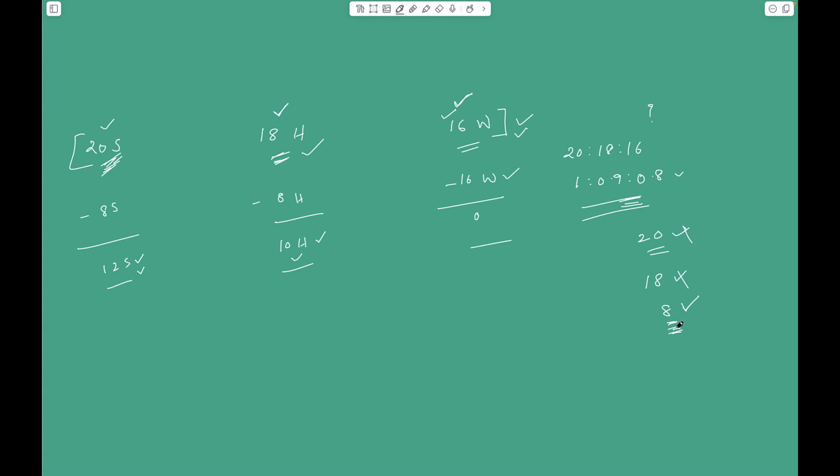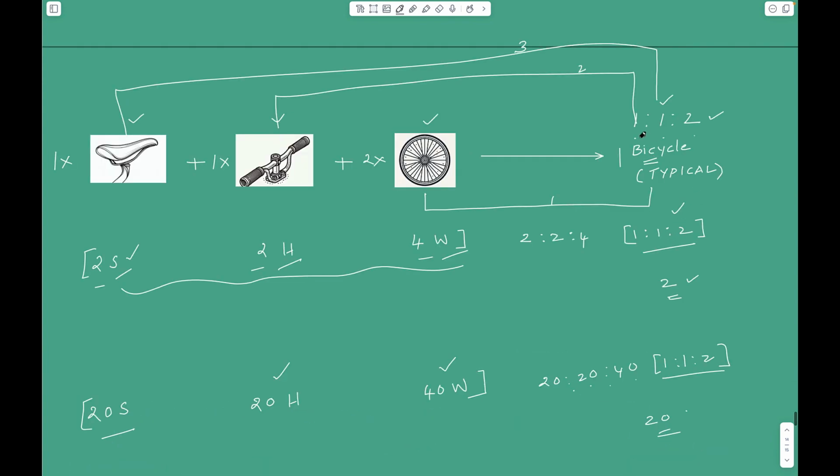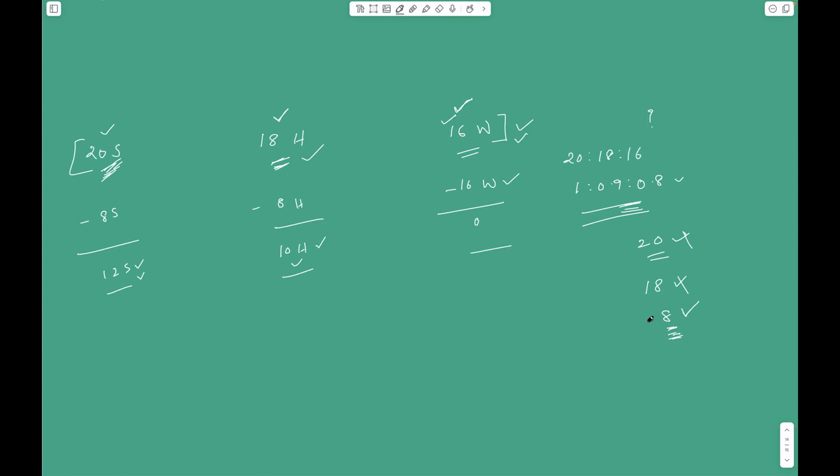Therefore, if the quantities are not in the same proportion in which they are present in each bicycle, then to figure out the output of our production, you have to identify the component that has the most shortage, because it is that component that determines the output. That is the limiting component.